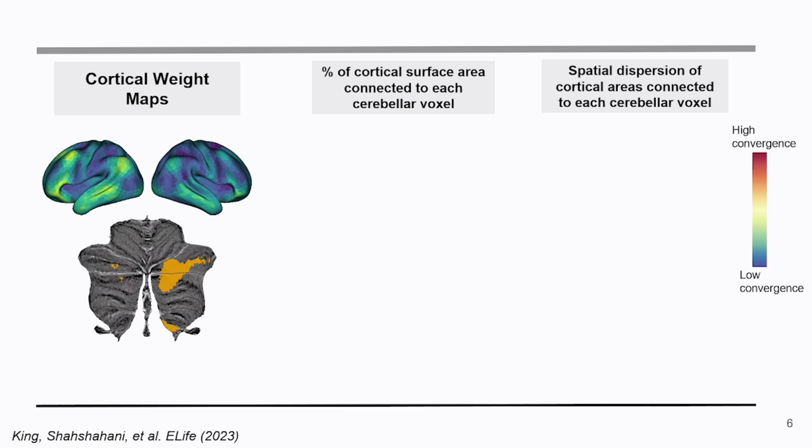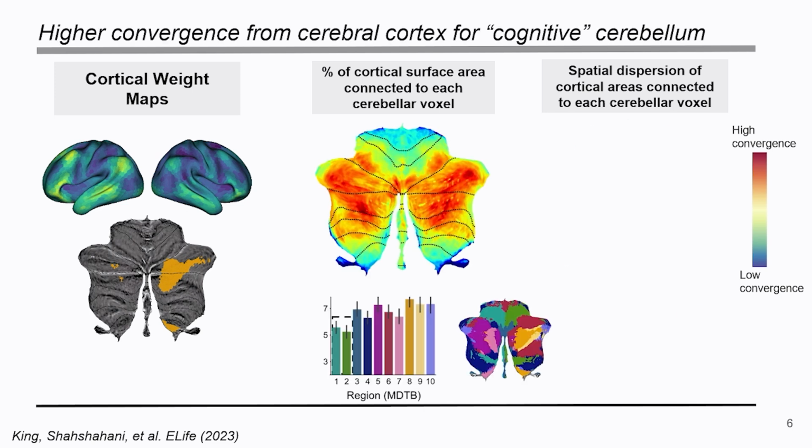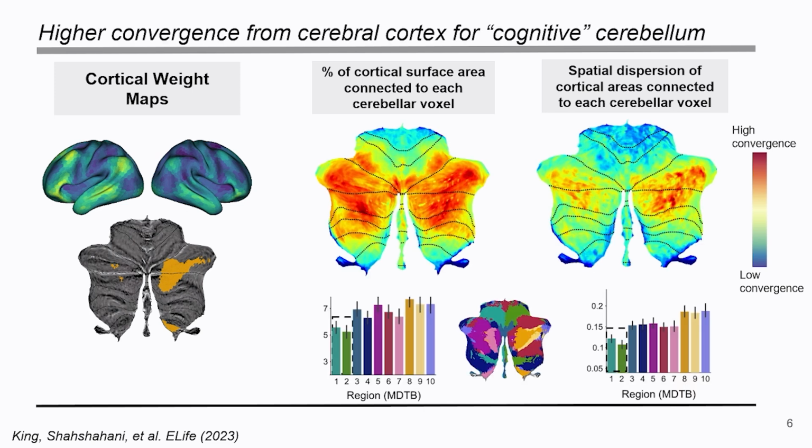When we did this, I'm plotting the convergence from high to low, so high being red and low being blue. And what we can see for both of these different measures is what looks like an anterior to posterior gradient, where you have high convergence in regions of the cerebellum that are functionally associated with frontoparietal networks, default mode networks, sort of more cognitive regions.